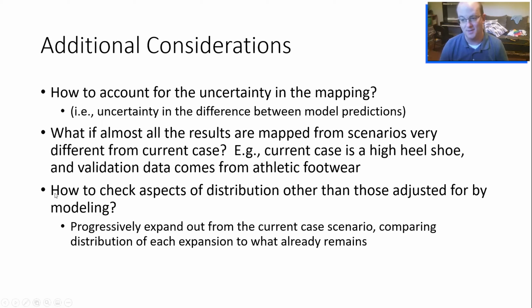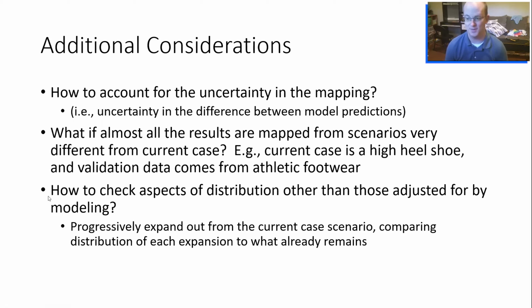And then additionally, how do we check aspects of the distribution other than the ones that we were explicitly adjusting for using modeling? So in the random forest illustration, you're adjusting for the mean using the random forest, and then also adjusted for the scale. But there are other aspects of the distribution that could be changing as well.